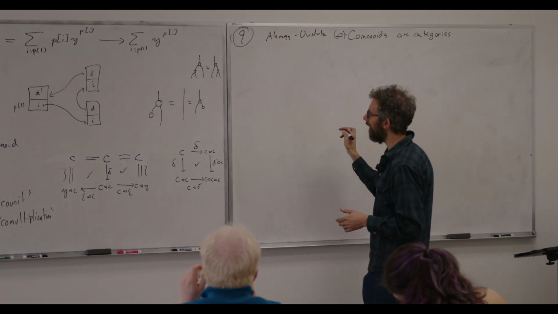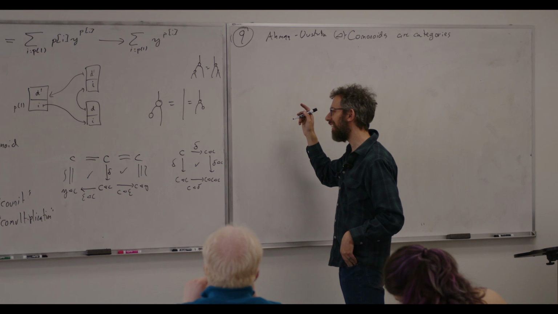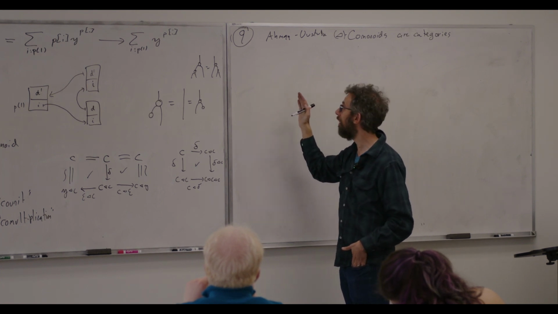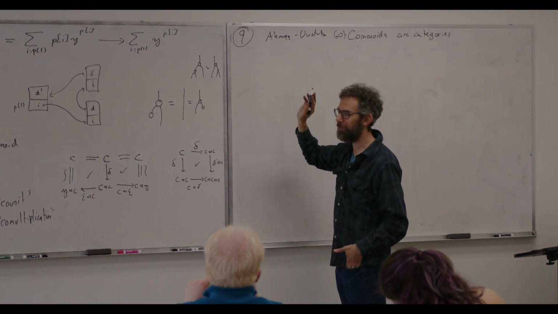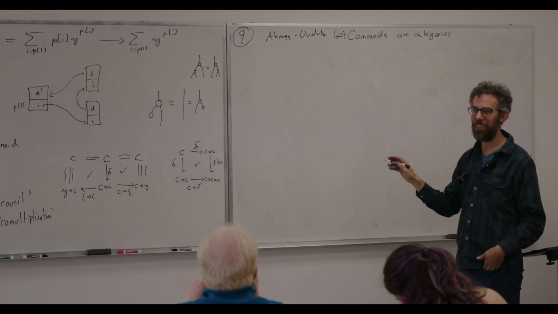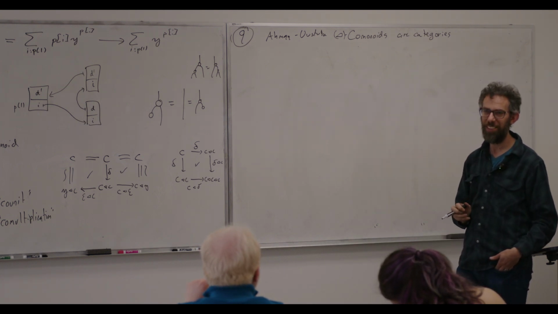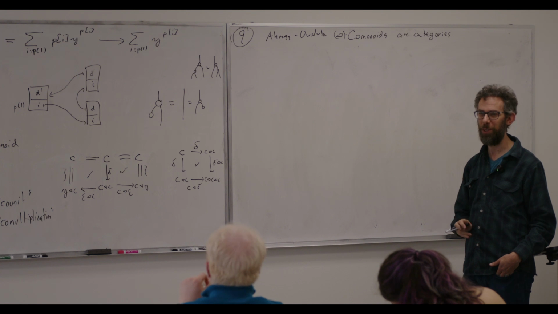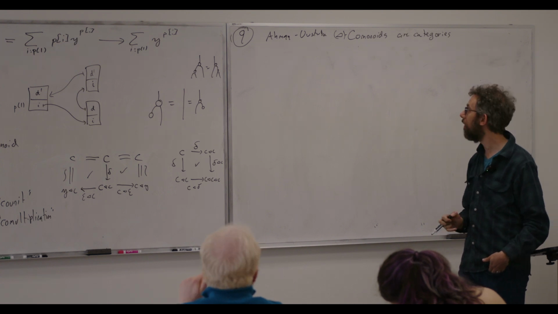What I'm allowed to say is the category of finite sets is essentially a comonoid in Poly. It's equivalent to a comonoid in Poly.